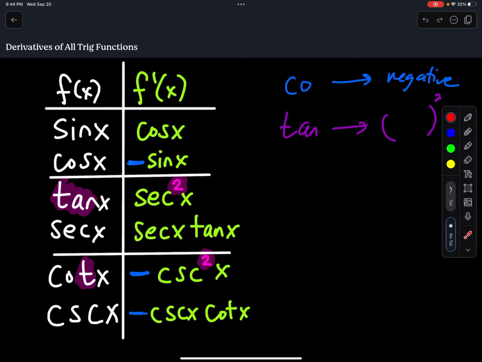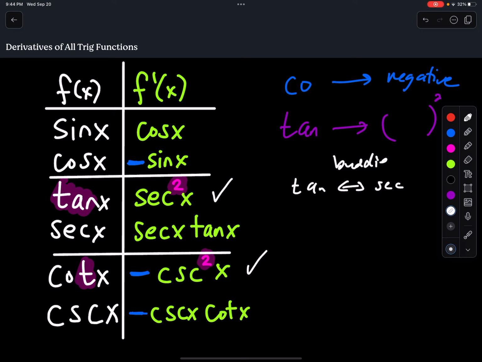So that takes care of these two right here. The derivative of tan is secant squared. The derivative of cotan is negative cosecant squared. So we're applying both of those ideas. Tan and secant are buddies, and cotan and cosecant are buddies. Okay? So that's a key idea.